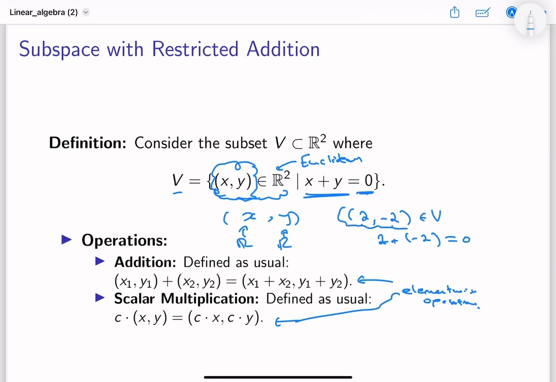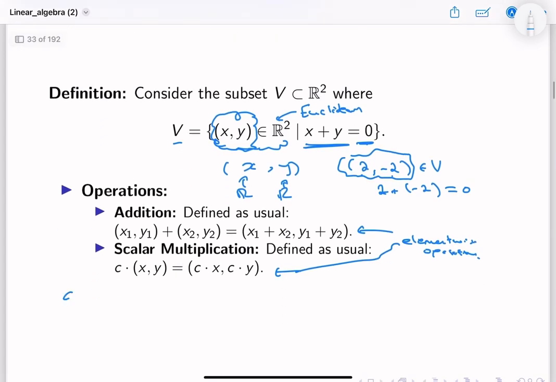We're taking all of these elements, collecting them together, and calling this set V. My claim is that V is a "subspace". I'm putting this between quotation marks because I haven't defined what a subspace is yet. Well, I did, but I haven't written things in a clear way. So V is a subspace of R2.